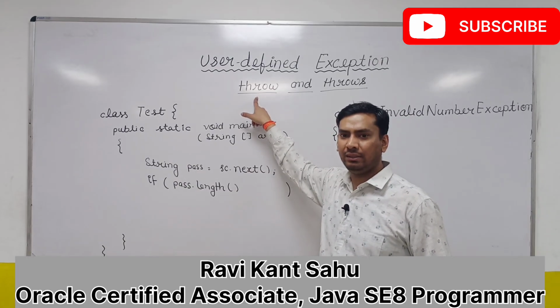It may also be possible that you are throwing a predefined exception like arithmetic exception, number format exception, or null pointer exception on a user defined condition manually using the throw keyword. You can throw the predefined exceptions on your own condition also, but that will be the predefined exception only, and anybody who gets the exception, let's say arithmetic exception, will assume that the number is divided by 0.